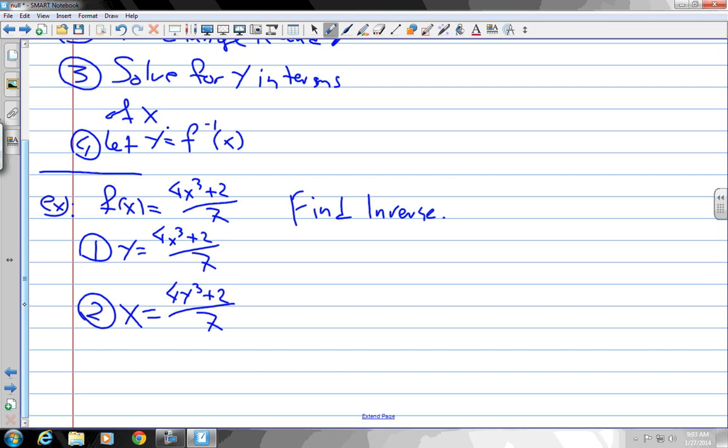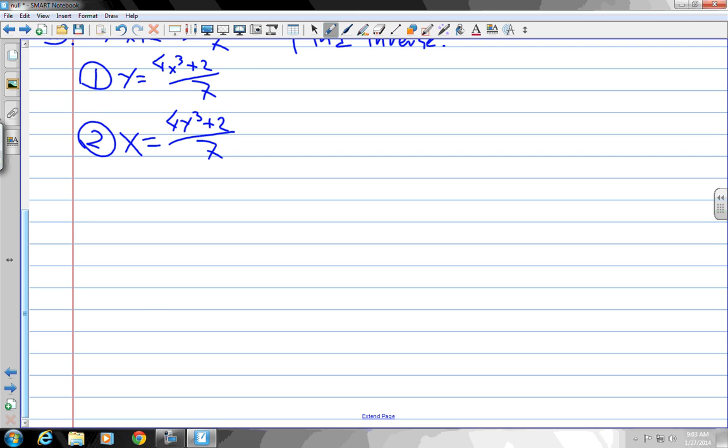And now solve. So how do we solve for y? What's the first thing you want to do? Multiply by 7. So it's 7x equals 4y cubed plus 2. Then what?